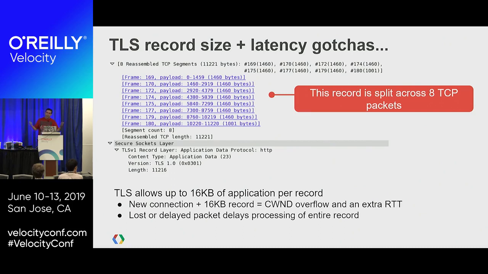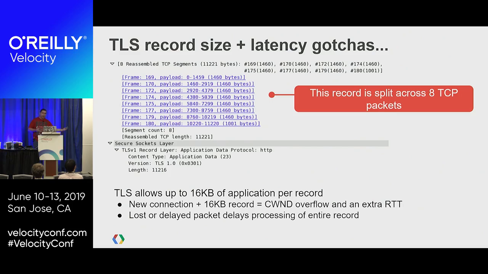TLS has its own window sizing, and if the TLS windows aren't dynamic, you can end up with a situation where it will try to buffer up to 16K even if 16K isn't available, and it'll wait for a timeout before it sends a padded buffer. So you need to be able to support TLS dynamic record sizing, where it will actually send a TLS record the size of the available data that you have in flight.